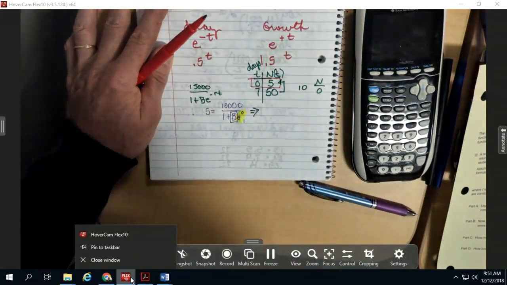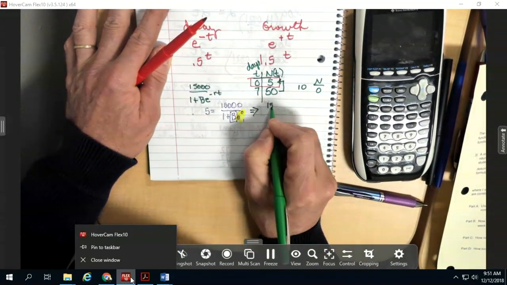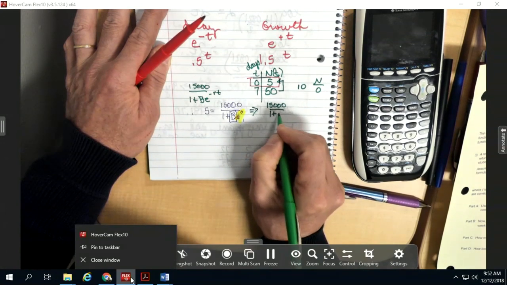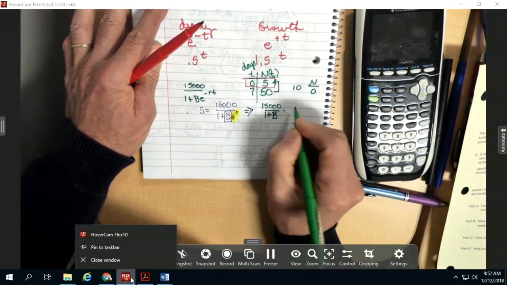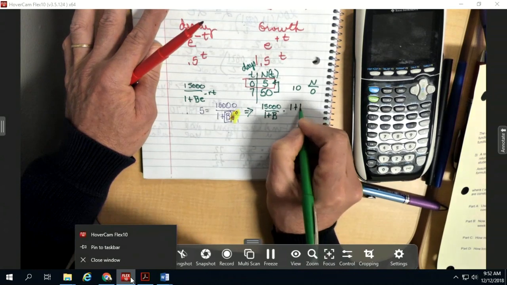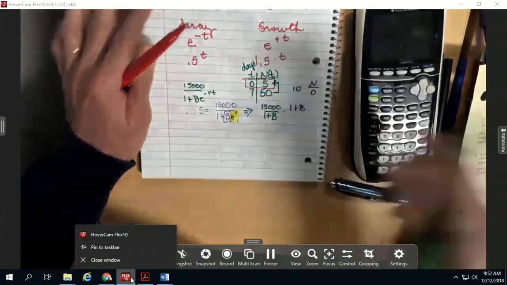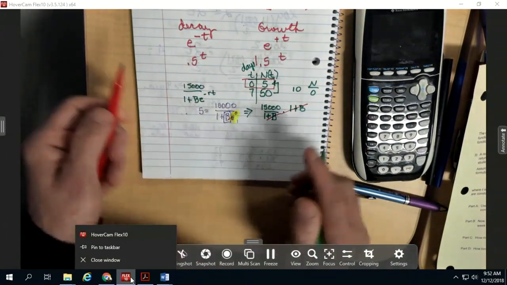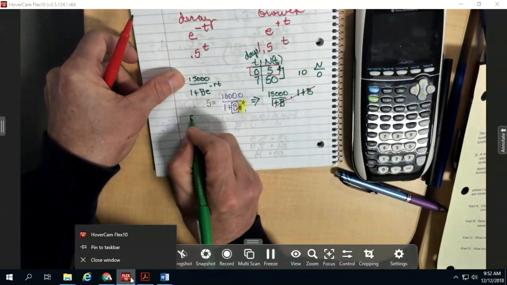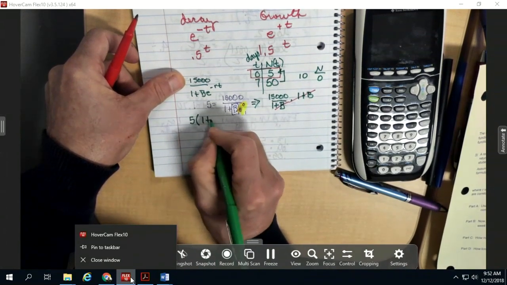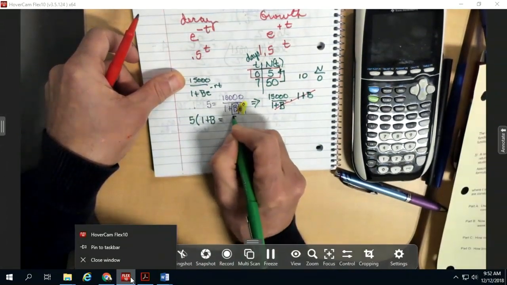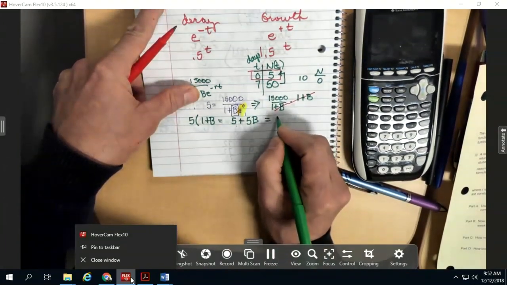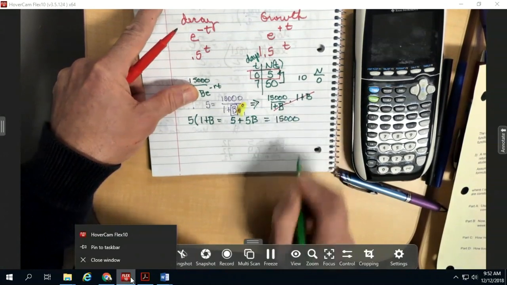First step: take 15,000 divided by 1 plus B and multiply it by 1 plus B so that those two cancel. But we have to do the same thing on the other side. 5 times 1 plus B, which is 5 plus 5B, will equal 15,000, correct?